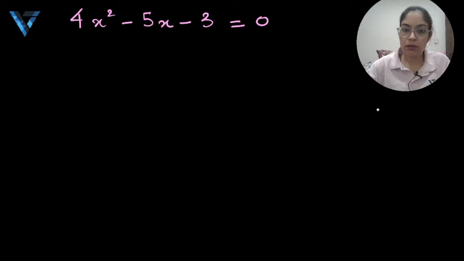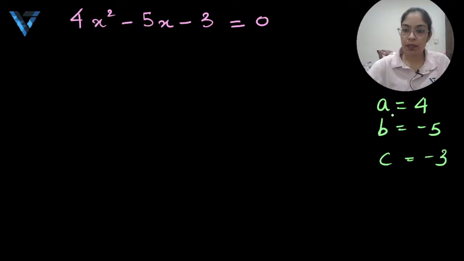So let's write the values of A, B and C. You have to compare with the standard form. A is equal to 4, B is equal to -5 and C is equal to -3.